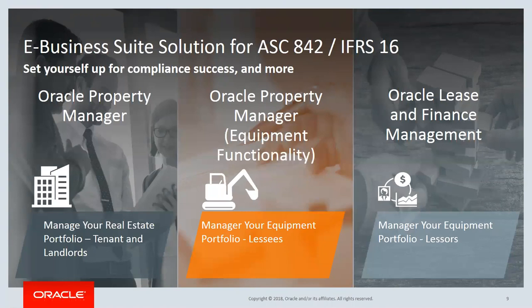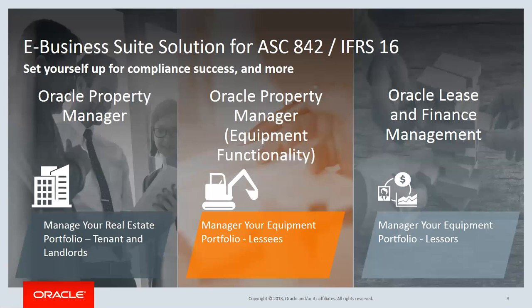Then there is a new enhancement to Oracle Property Manager. We call it equipment functionality. So Oracle Property Manager needs a license from Oracle, whereas the equipment functionality, which is being added subsequently to meet the IFRS16 requirements and FASB requirements, doesn't need any separate licensing.